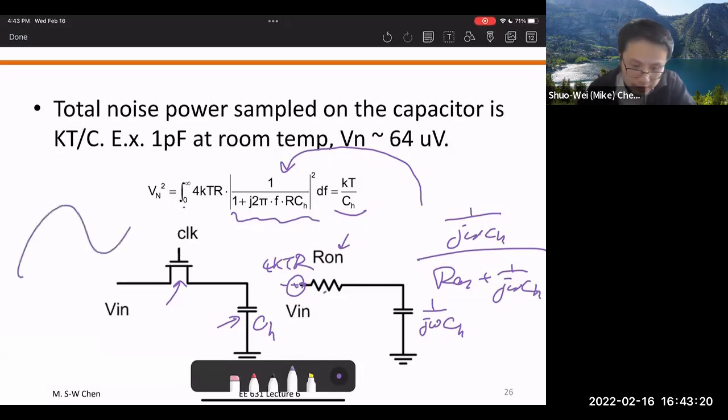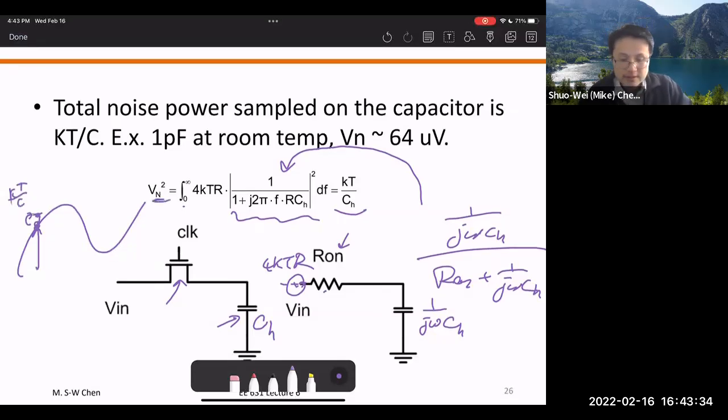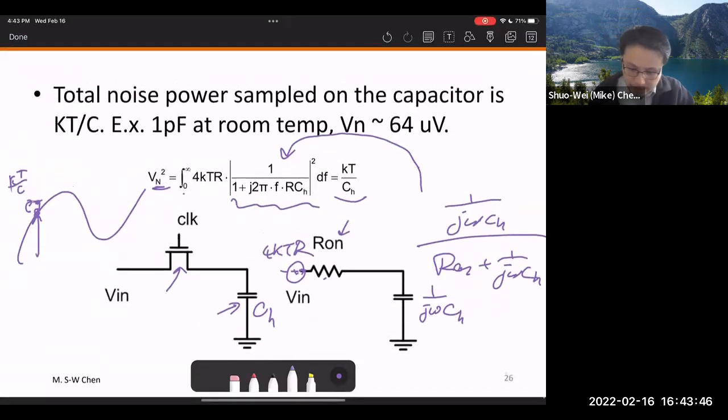This is equivalent to having a signal and I take the sample at this point. But on top of that, I'm adding a little bit of noise, and the power of this noise is kT over C. Let's say I make this kT over C noise roughly equal to delta squared over 12.